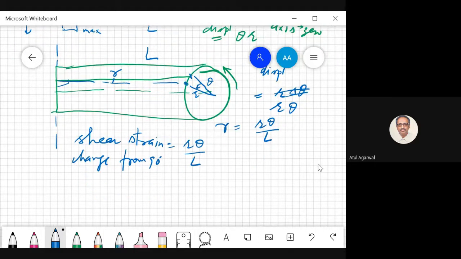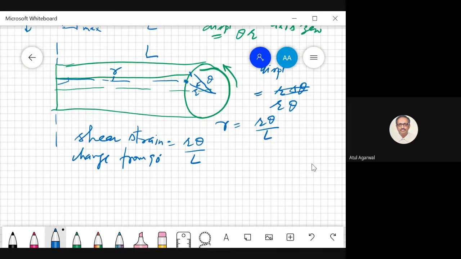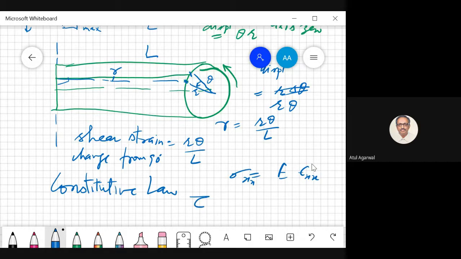Then there is a relation which is called the constitutive law. One constitutive law you have already seen. In the uniaxial case, sigma xx is equal to E epsilon xx. Now you will see another constitutive law. Tau. You see what are the two directions here?